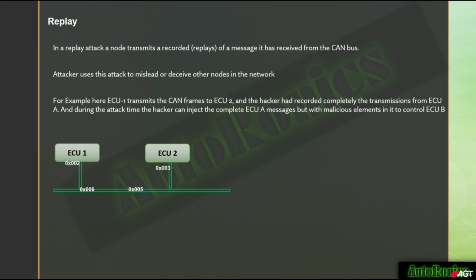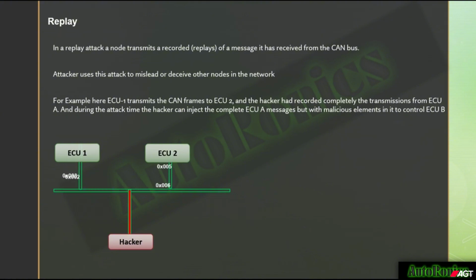You see the message sequences are 2, 5, 6 and so on. These are sent at certain intervals by ECU1, and it satisfies the basic criteria of ECU2, let's say CRC, the values and the format. So ECU2 can happily accept all the messages that are coming in.